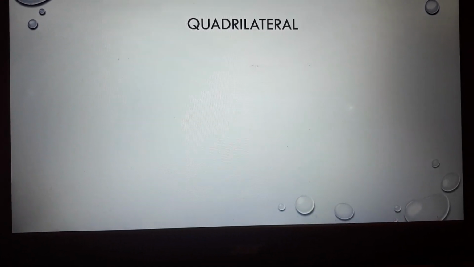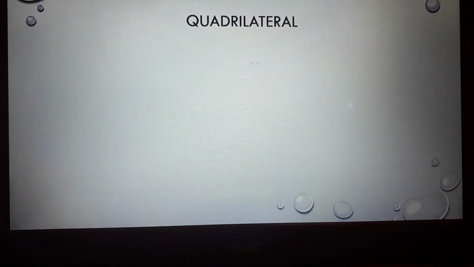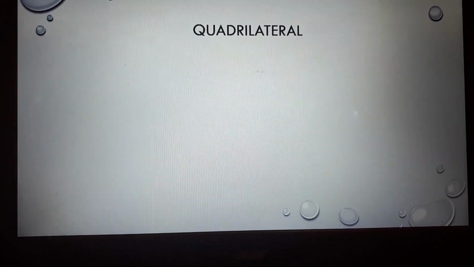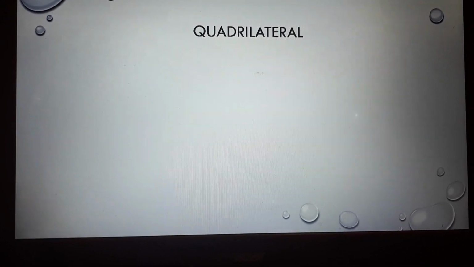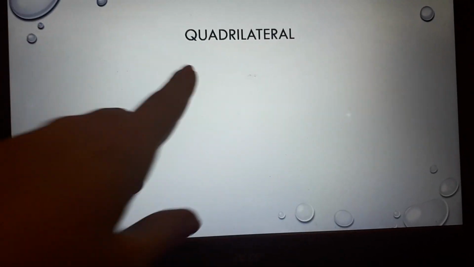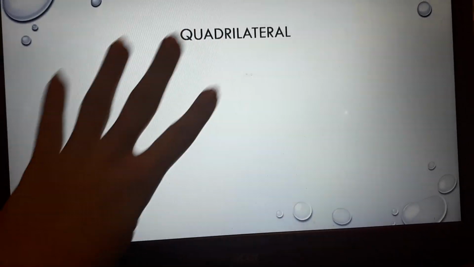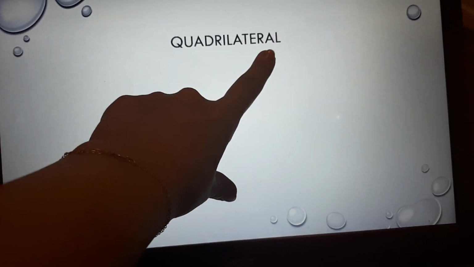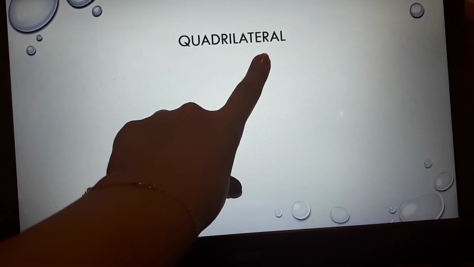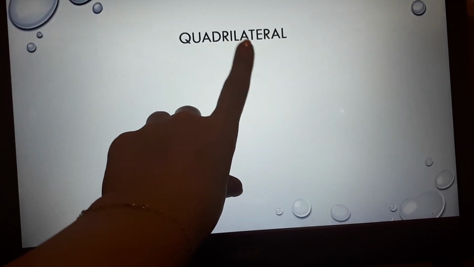Don't forget to open your book, page 745. Who can read this word for me? It's quadrilateral. You took it last week. Quadri, four, lateral, sides. So quadrilaterals are shapes with four sides.